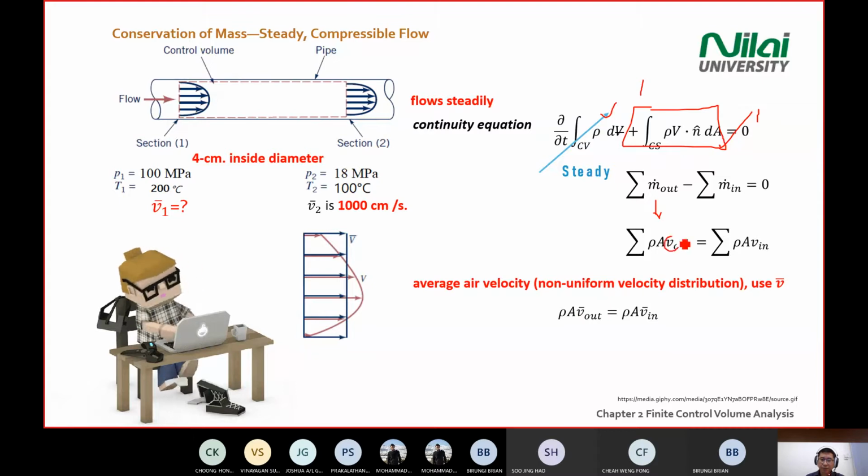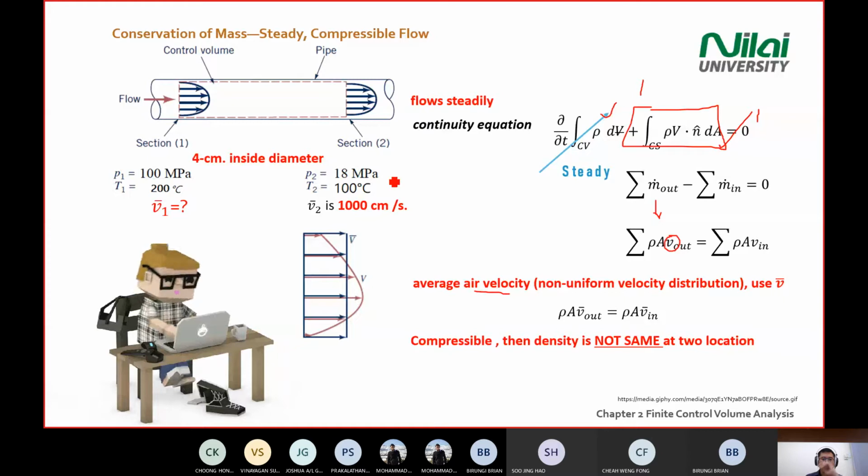We change this term into average air velocity. This is the fourth method that we mentioned in our first slide, simplification. This is a simplification application. It means when we analyze a problem, we use the simplification. Okay, so we have this one.